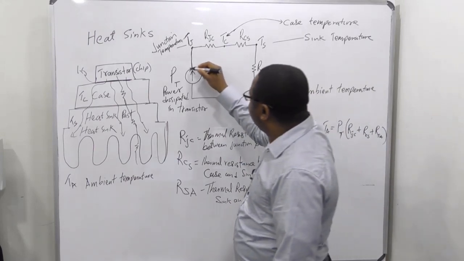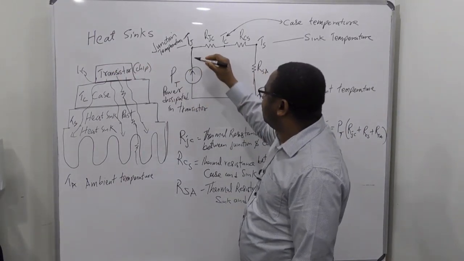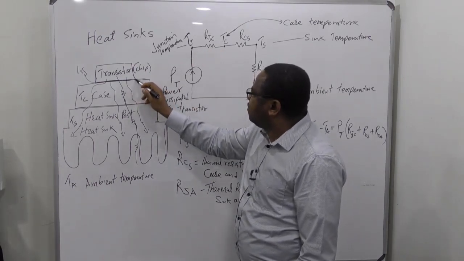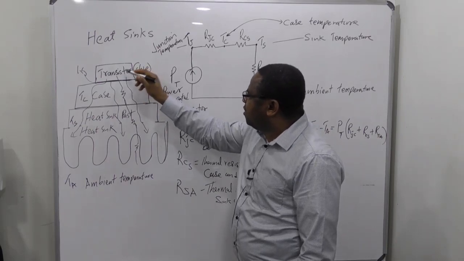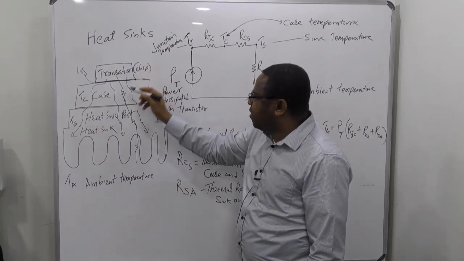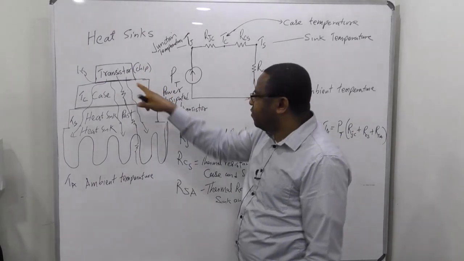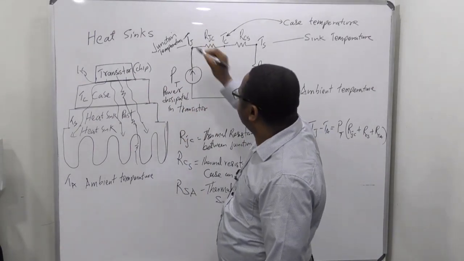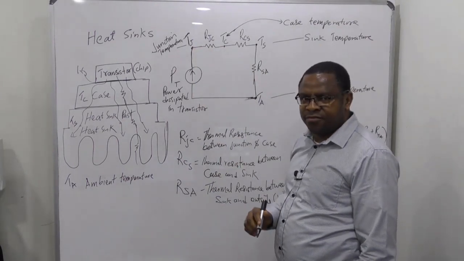All right, so if heat is generated here, the heat has to dissipate. It means that at this junction, this is the junction between the transistor or the microchip and the case. So there's going to be a temperature there, which you can measure. If you touch it there, at least you feel it. That temperature at that point is what we call the junction temperature, TJ.